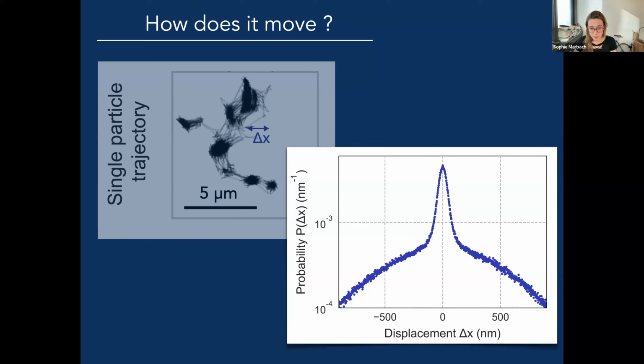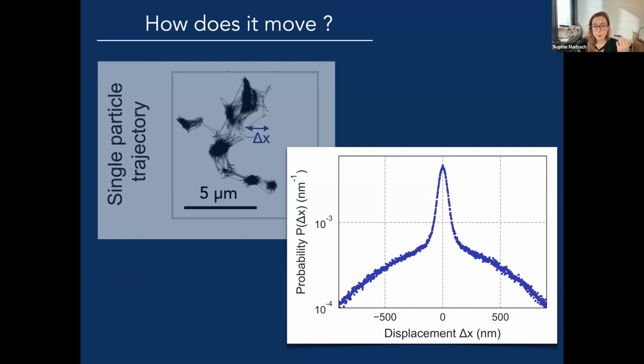So here I plot the probability to do a given step size with respect to the step size, in semi-log scale. And for normal usual diffusion, you expect to see a parabola. And hopefully I don't need to convince you this is not a parabola. So there are definitely short steps and then much longer steps. So that's just another way to quantify what we're seeing in the picture.